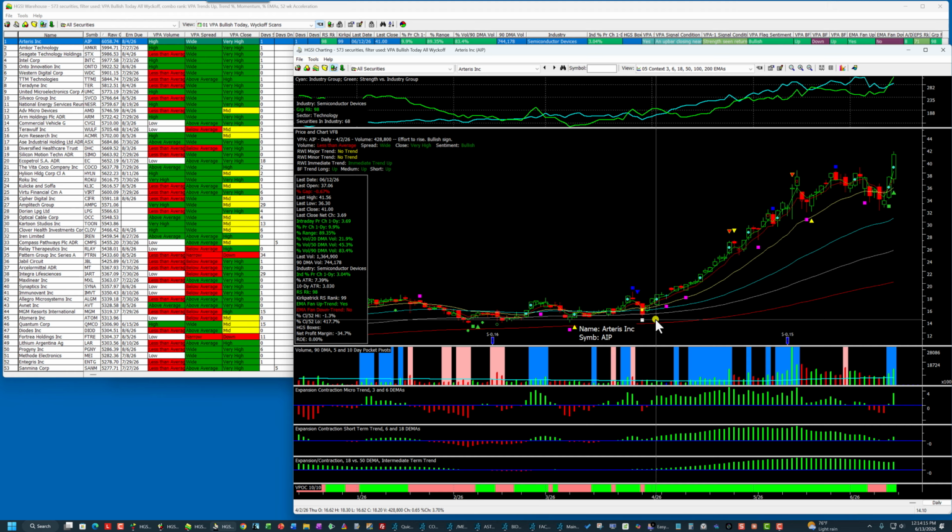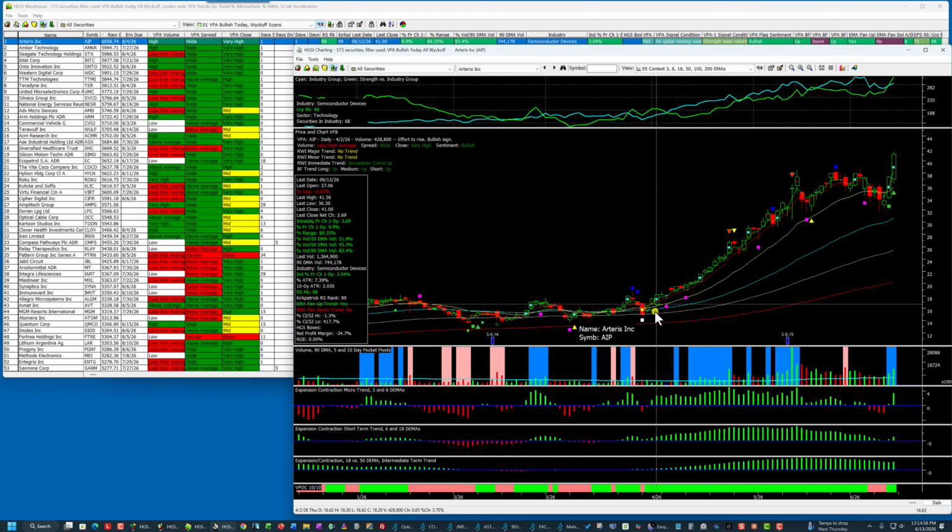So even though the volume was less than average, it wasn't low, it was just less than average because of the effort to rise VPA flag and the other factors surrounding it. This would be the third up day. It suddenly fell into the sentiment bullish, and it took off from there.